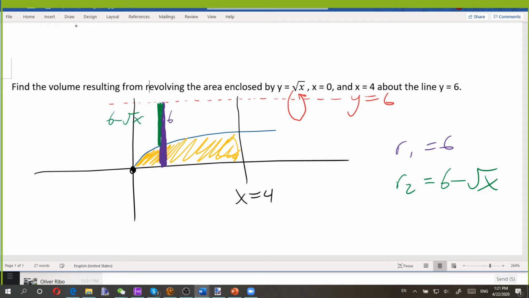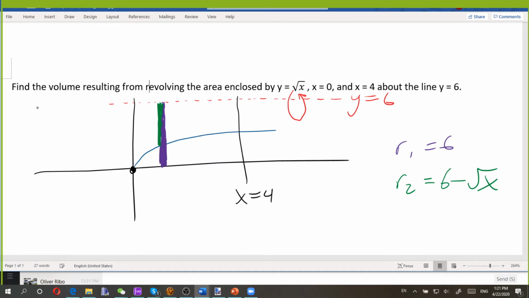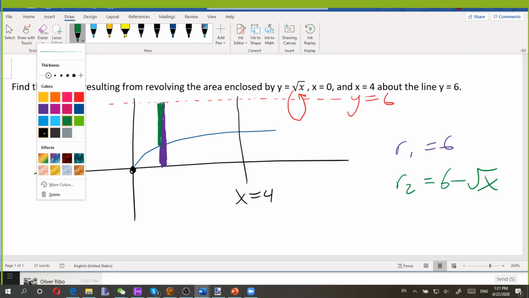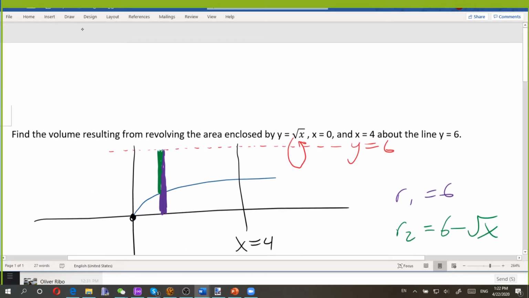Okay, that's the hard part. So what we're going to do is take these two radii and use them to create a disk that we will end up spinning about our axis of rotation. So that's going to look something like this.